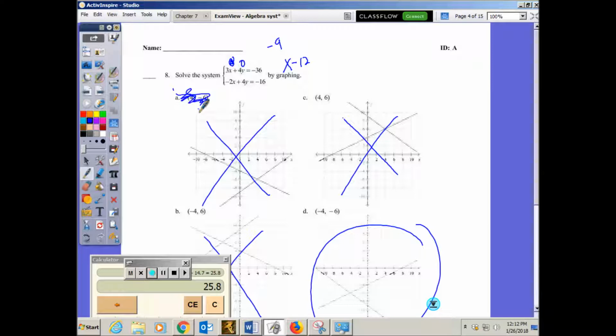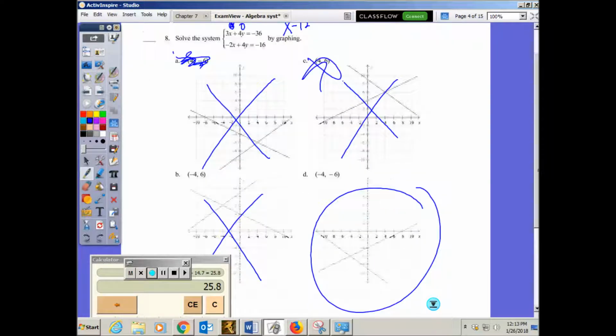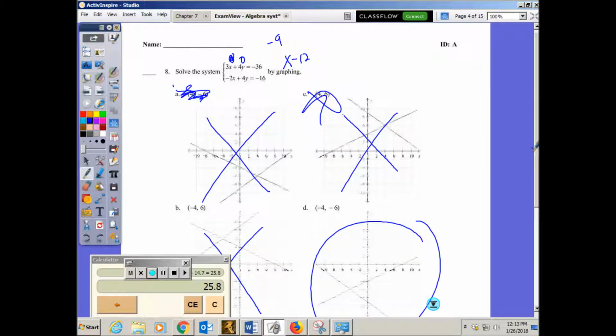Is 12 plus 24 -36? No. -4. 3 times -4 is -12 plus 24. That doesn't work. -4 times 3 is -12. Plus 4 times 6 is -24, -12 plus -24 is -36.